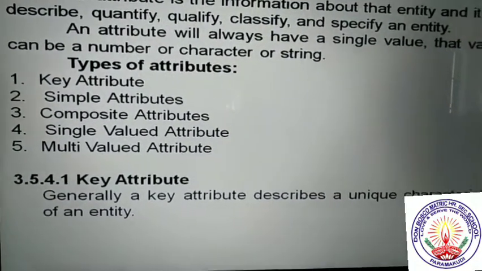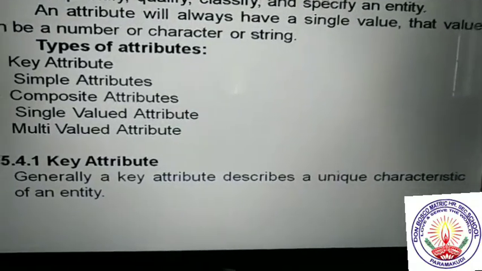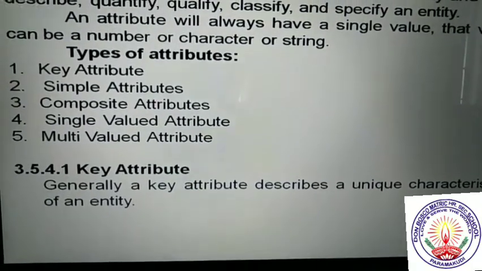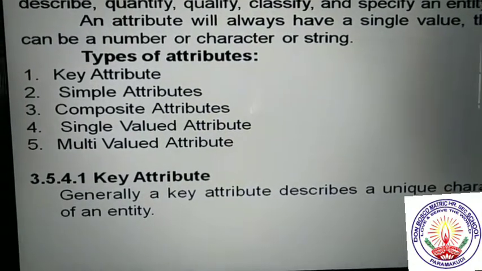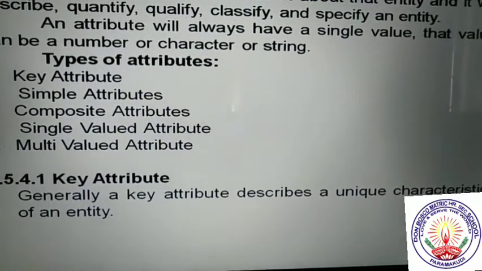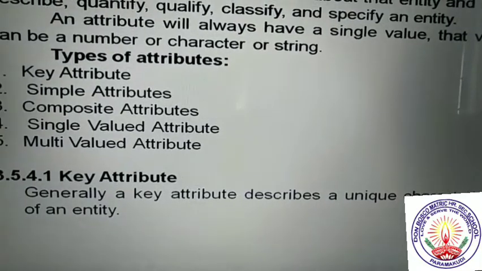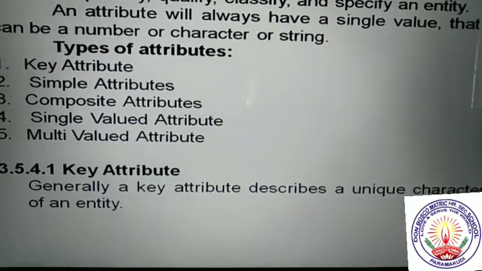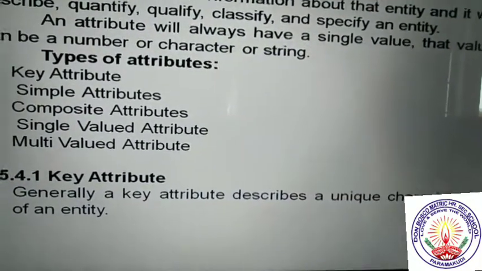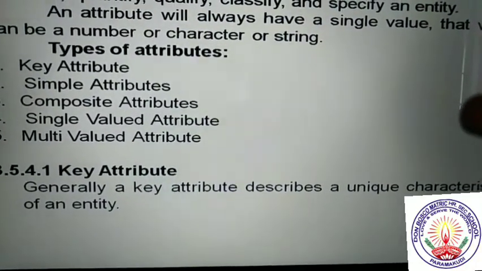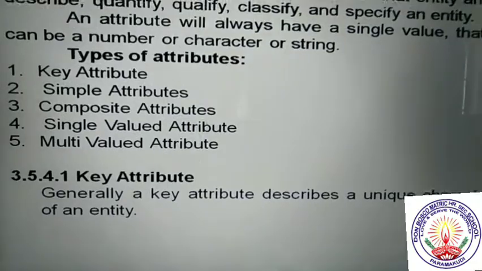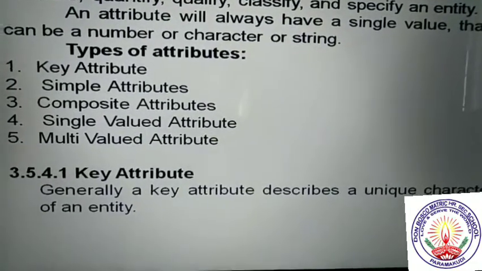The key attributes describe a unique characteristic of an entity. So this is the ID for the given entity. Unique means primary key, the ID number. Each person has the ID number separately.